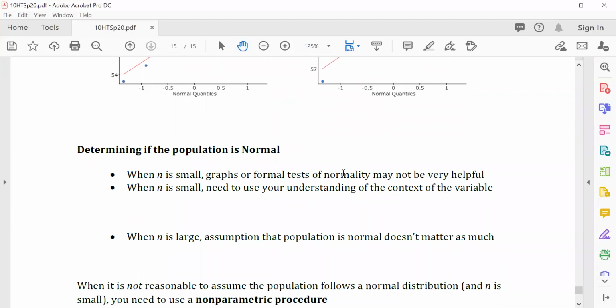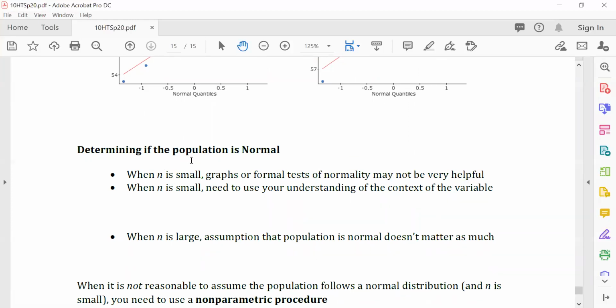So the very last thing that I want to talk about regarding determining if the population is normal or not. When your sample size n is small, the graph, we have talked about the QQ plot, and all the formal normality tests may not be very helpful because the sample size is too small.